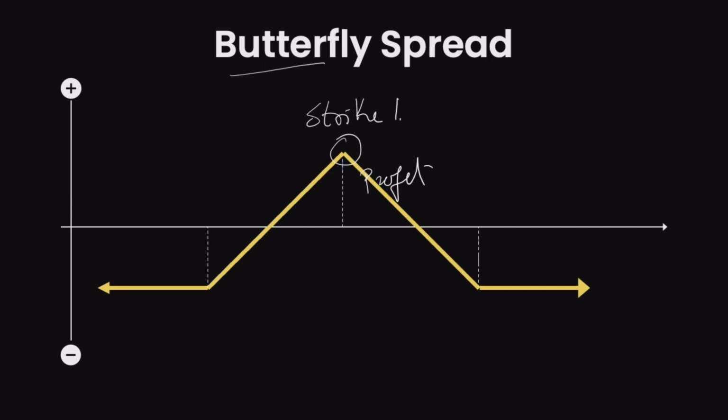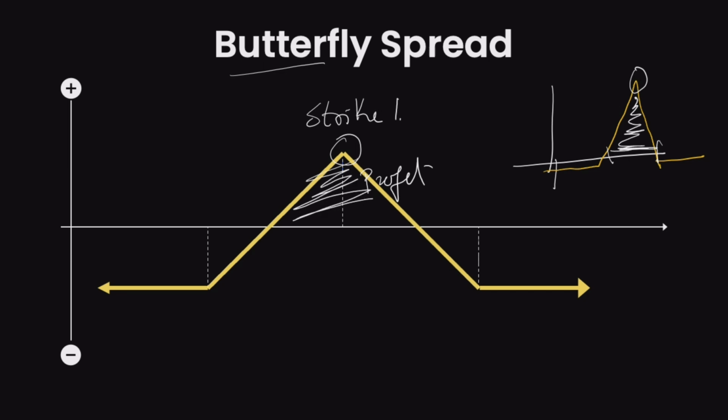Again, on paper it doesn't look so exciting, but when you actually see it in the real world, it looks more like this, where you have a very small amount of risk on either side, but you are able to take advantage of a high peak, thereby increasing not just the peak profit potential, but also the profit range. The profit range therefore becomes this part of the diagram. This part of the strategy becomes your profit potential.